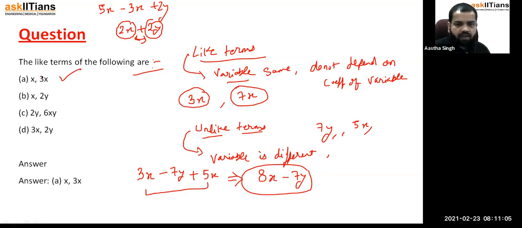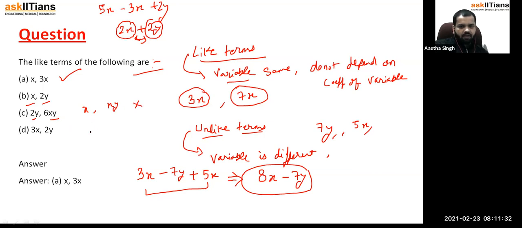Go to the point why these are not like terms, right? Your x and 2y, x and y both are variables and different variables. So it means these are unlike terms. Here your variable is y, here your variable is xy, both are different. x and your xy, both are different. So these are unlike terms.